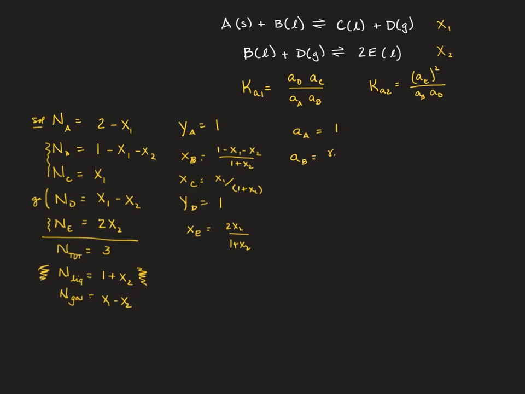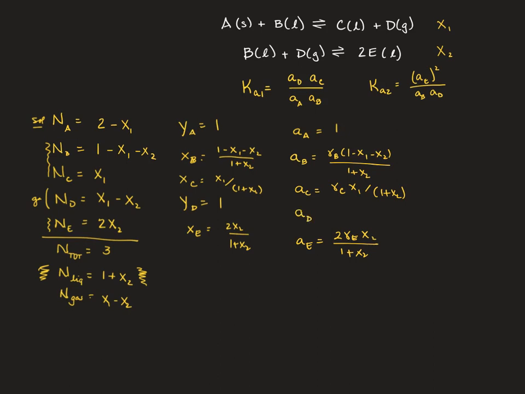So gamma B, 1 minus X1 minus X2 over 1 plus X2. Activity for C, another liquid, is gamma C X1 over 1 plus X2. And activity for E, my third liquid, is 2 gamma E X2 over 1 plus X2.